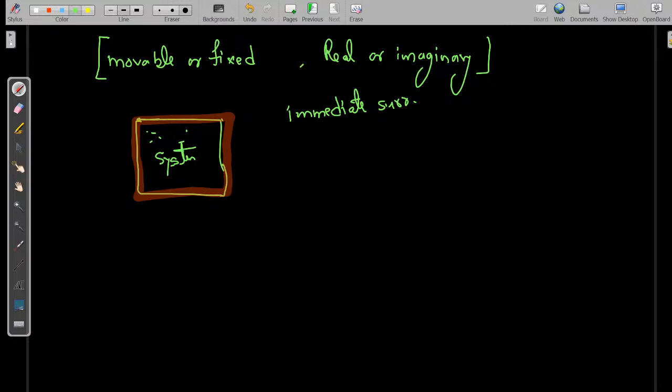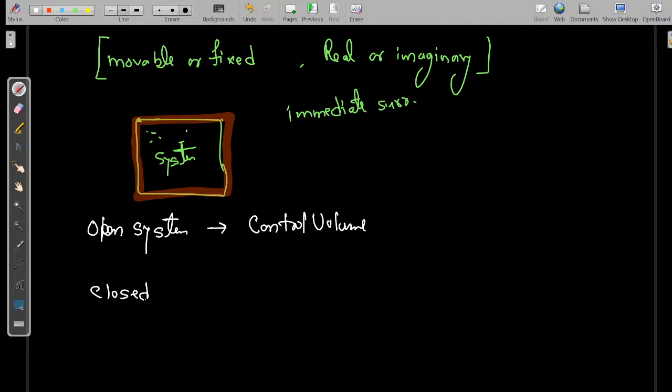So basically when we talk about system, there are mainly three types of system, you all know. First one is open system, which is also called control volume. Second one is closed system, which is also called control mass.